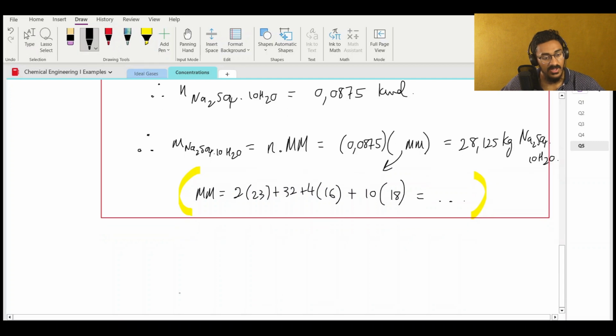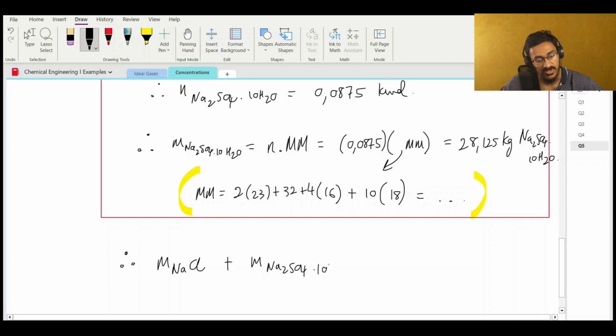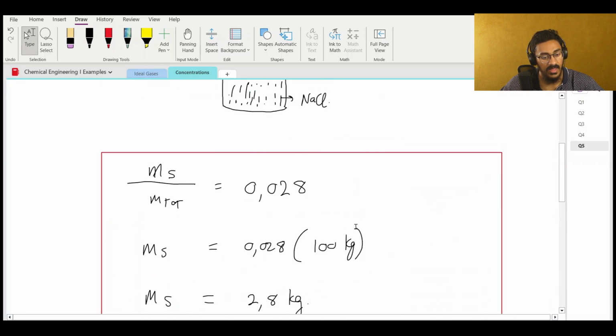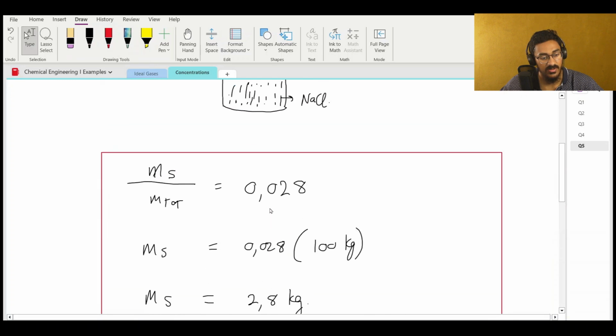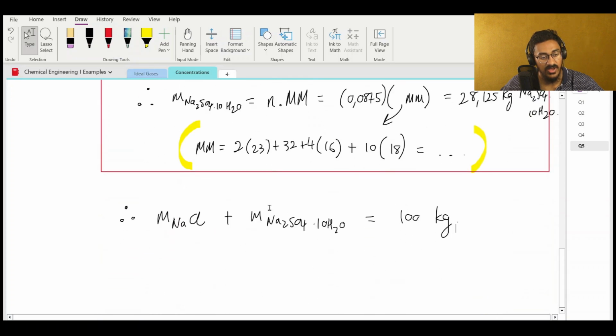Okay, so I can now say, therefore, the mass of sodium chloride plus the mass of sodium sulfate dot 10 waters was equal to 100 kilograms, right? But we knew this already. Well, now you have the equation, okay?